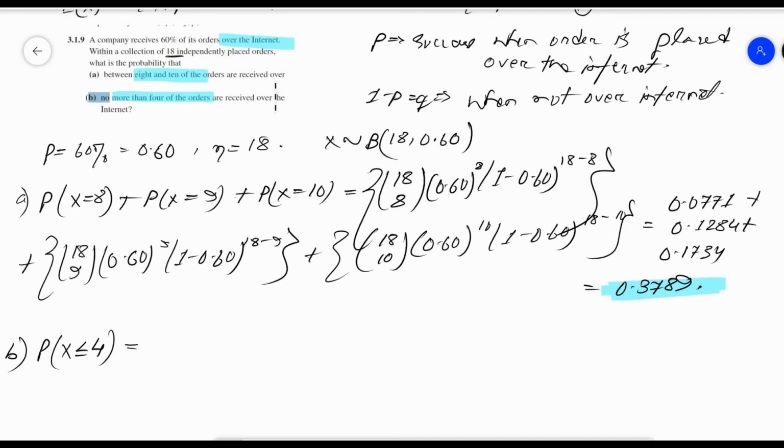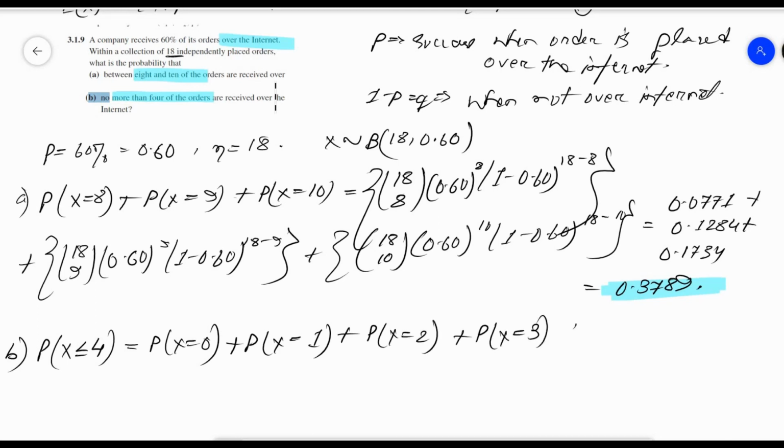So now what we can do is probability of x equals 0 plus probability of x equals 1 plus probability of x equals 2, probability of x equals 3, and probability of x equals 4. We'll get the result.